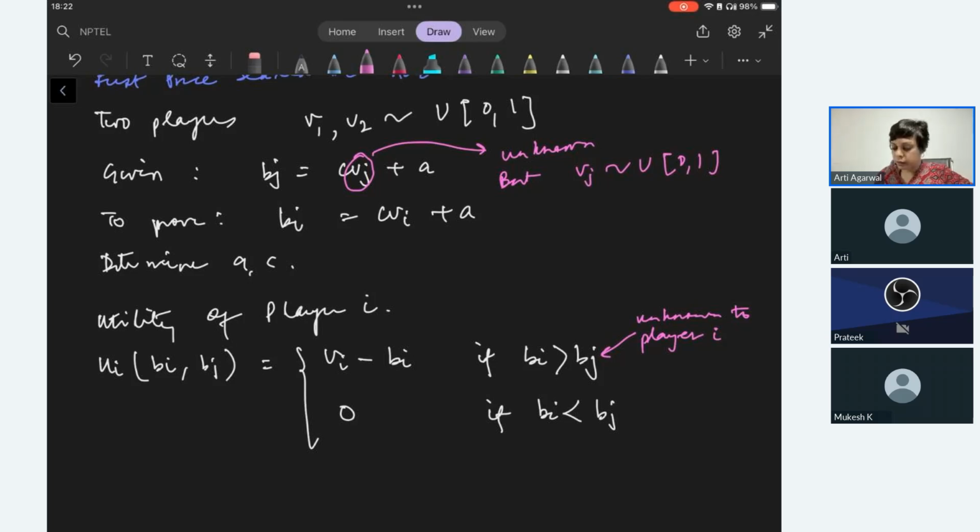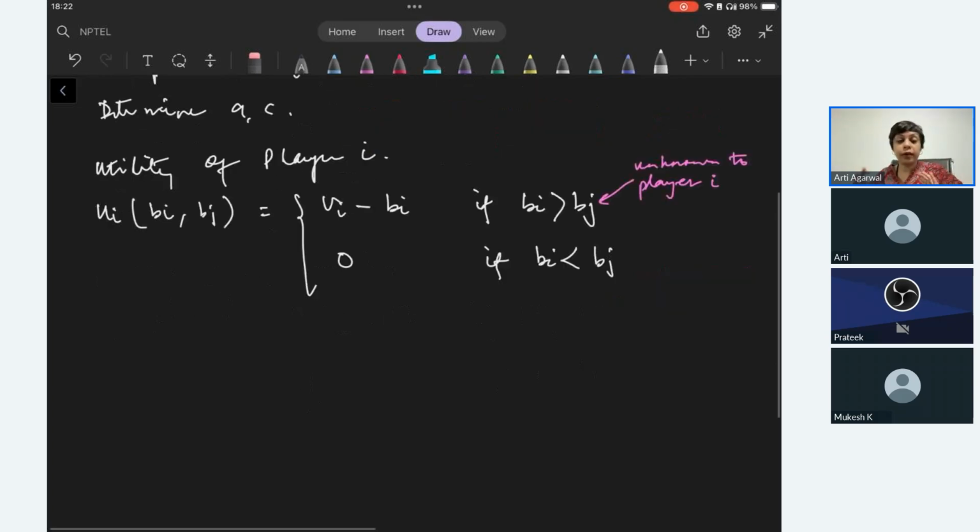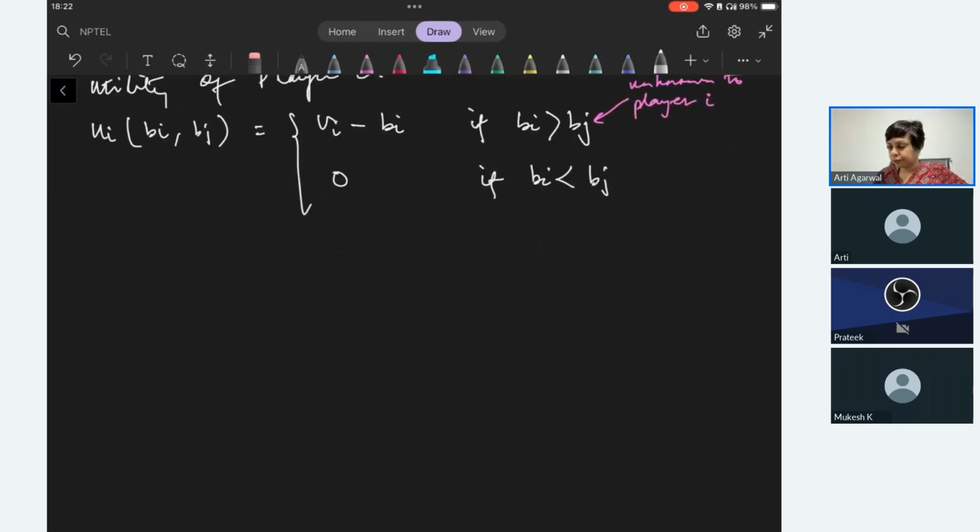I've spelled it out in this format because sometimes it's very easy to get confused between Vi and Vj. So let's be clear about what is known and what is not known. Now let's move to the expected payoff. This is the utility function, given by these conditions and these values.